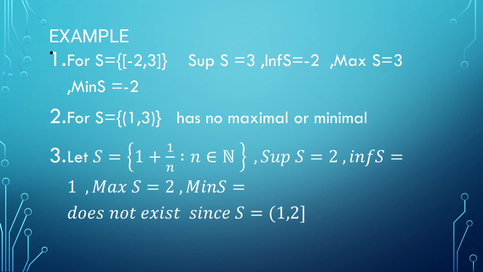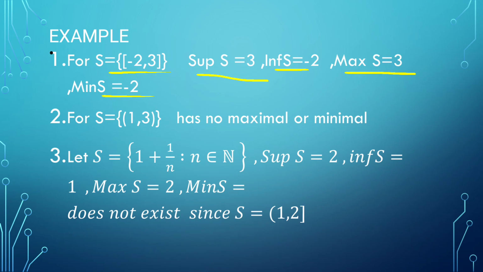So for example, if you look at this set here, you can see the possible bounds. The supremum here is 3, and the infimum is -2. Therefore, we have the maximal element in it, and we have the minimum being that.